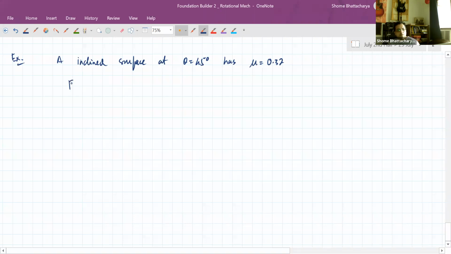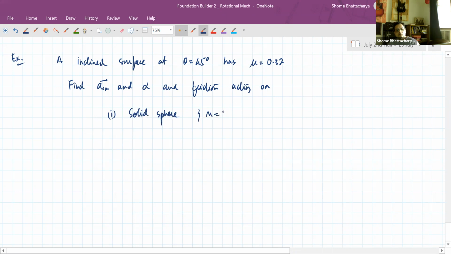You have to find the acceleration of the center of mass, angular acceleration and friction acting on, first part, a solid sphere of mass 5 kg and radius equal to 20 centimeter.